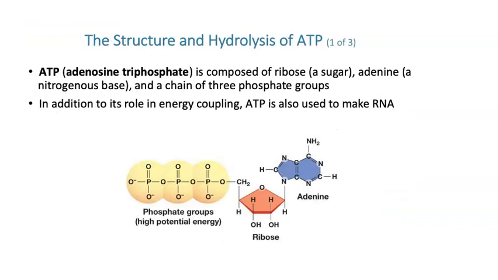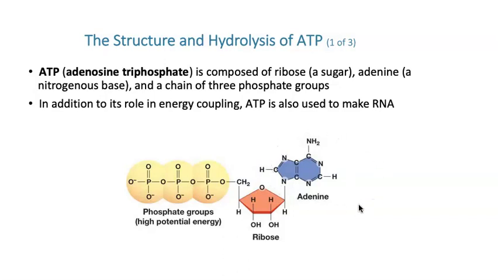Let's take a look at the structure now. Adenosine triphosphate is composed of ribose sugar, right there. It's a 5-carbon sugar. 1, 2, 3, 4, and you can see that 5th one right there. There's carbons there at those vertices. And it's made up of adenine. This is a nitrogenous base. We learned about this in chemistry.